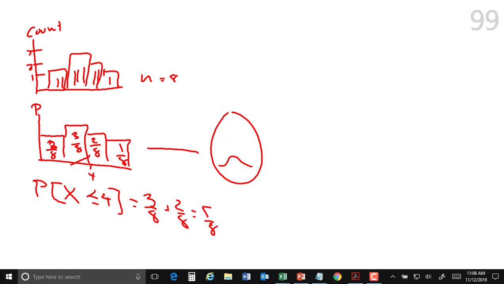You should see it's the area under the curve from here on back. And if I want to know the probability that the random variable X is greater than 4, what would that be? 3/8. You understand?